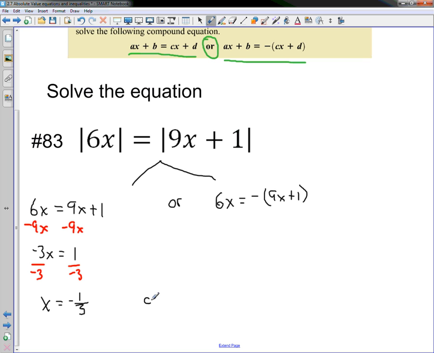Or, when we solve the other one, we have a 6x equals, we need to distribute the negative 1 in first. Gives me negative 9x minus 1. Okay, so remember to distribute the negative sign in. Now we can go ahead and solve this like we would with the other ones.